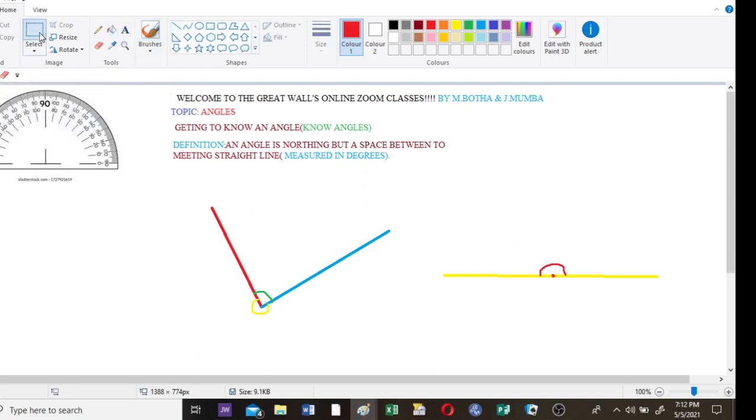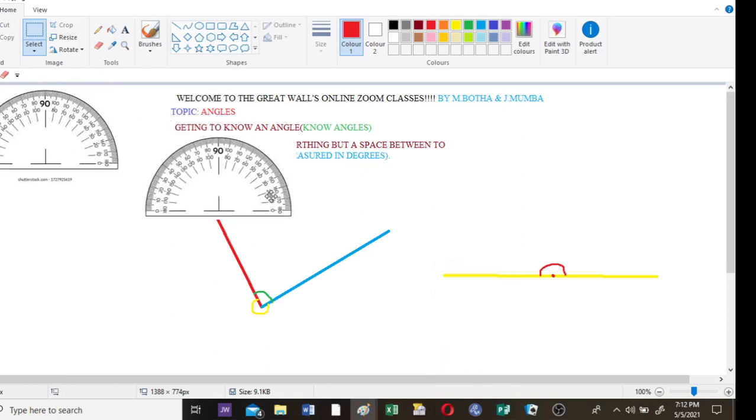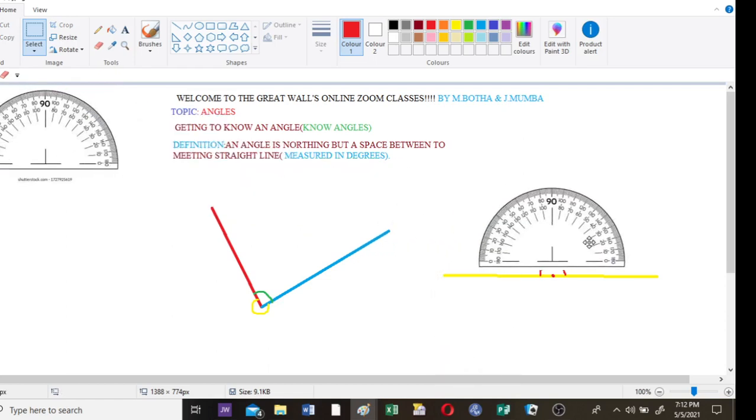So let's get our protractor here. When we get our protractor, all we have to do is to measure, which I'm going to show you how to do. Okay. Just a minute. Okay, here is my protractor.